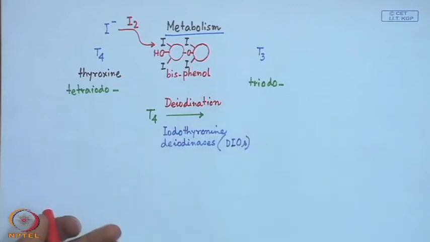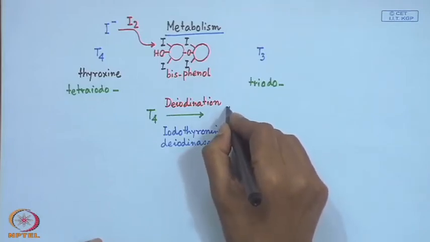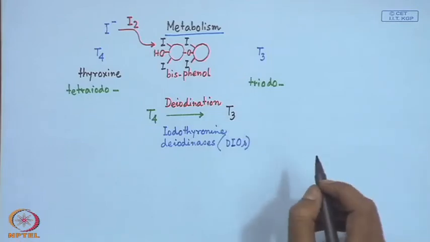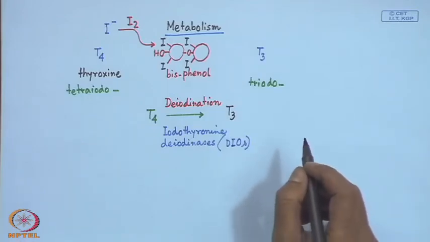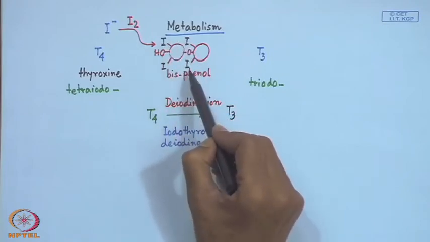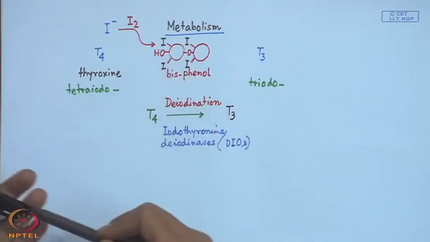So, through this deiodination reaction, we can convert the T4 molecule to the T3 molecule. It is very interesting to know that we have these 4 iodine positions and we are taking out these iodine atoms from these rings.